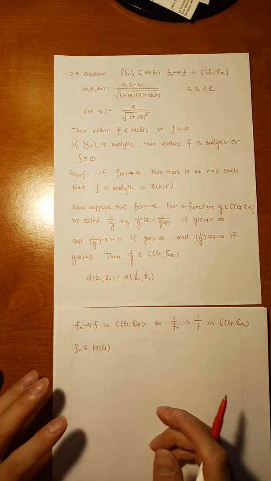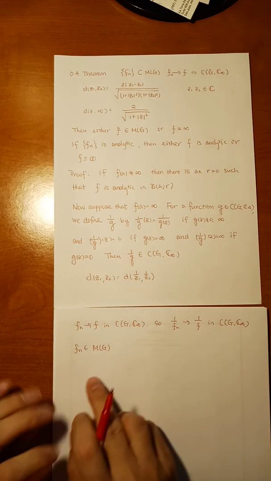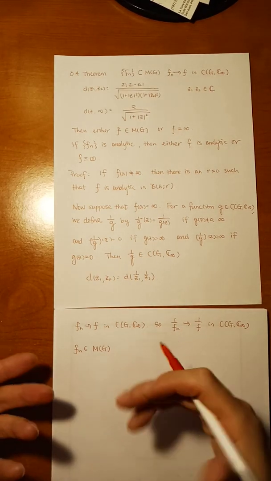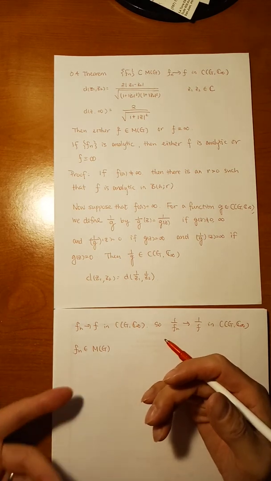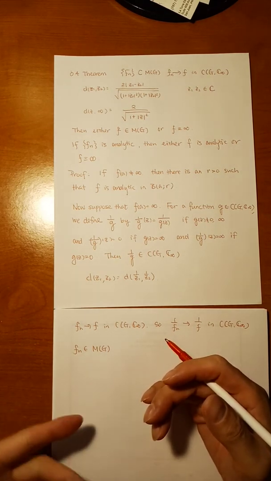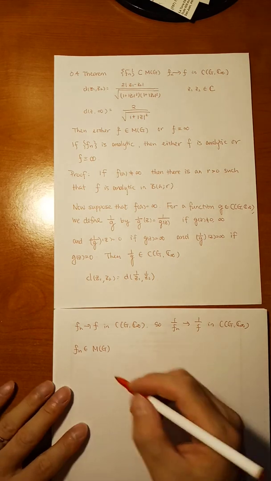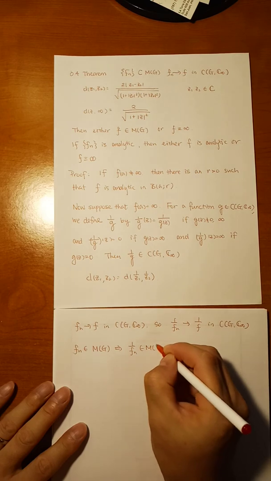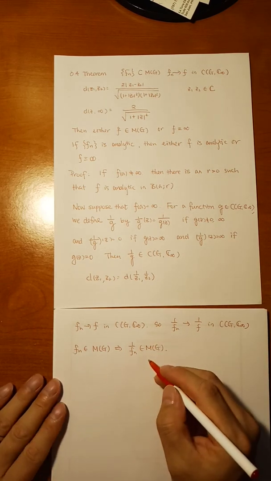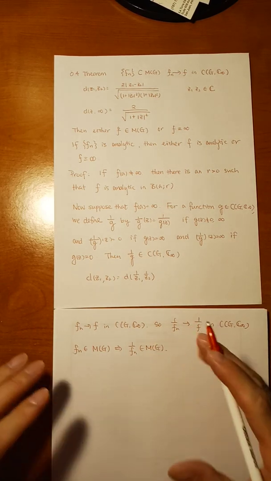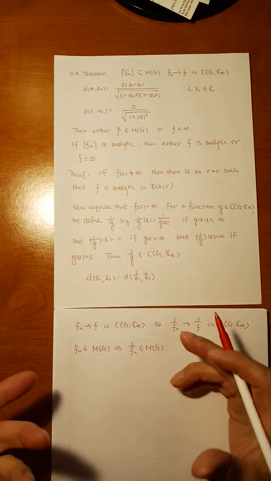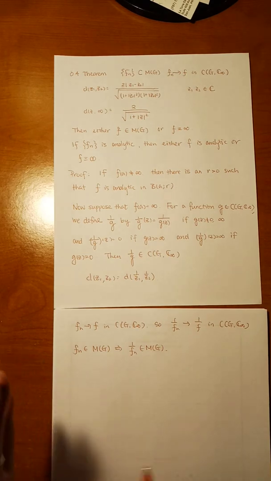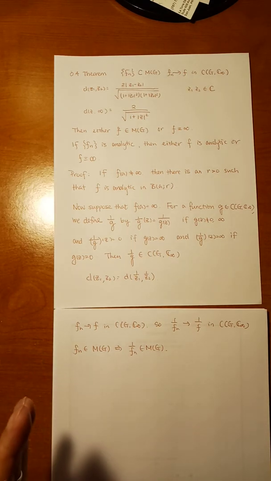A meromorphic function has isolated poles. It also has isolated zeros. And after you flip it, isolated zeros become isolated poles, and isolated poles become isolated zeros. So it implies 1/Fn is also meromorphic. Poles and zeros are still both isolated.